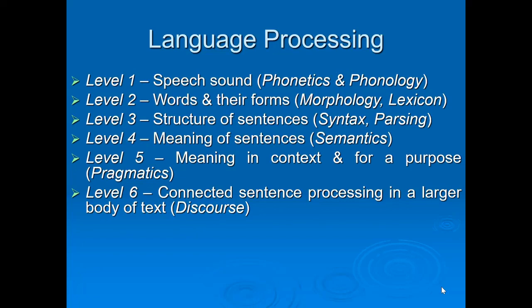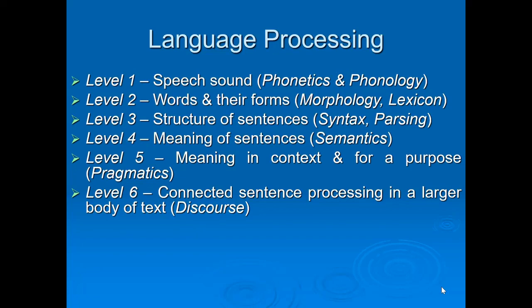Now the next one is level number 4, known as meaning of the sentence. We have come from sound, then to word, then to sentence. Now what is the meaning? Is that particular sentence producing some meaning, or is it meaningful or not? This is known as semantics.